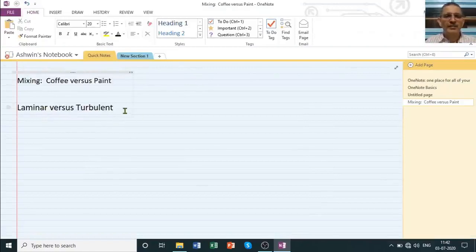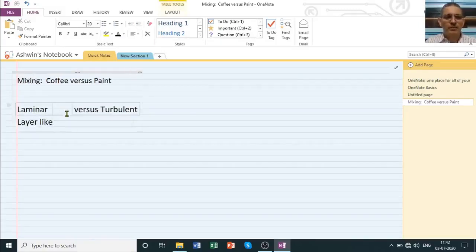Some of the characteristics that we saw of laminar flow versus turbulent flow: layer like, versus highly agitated.